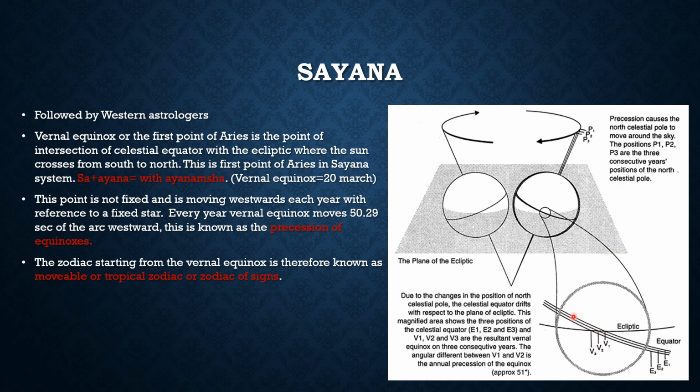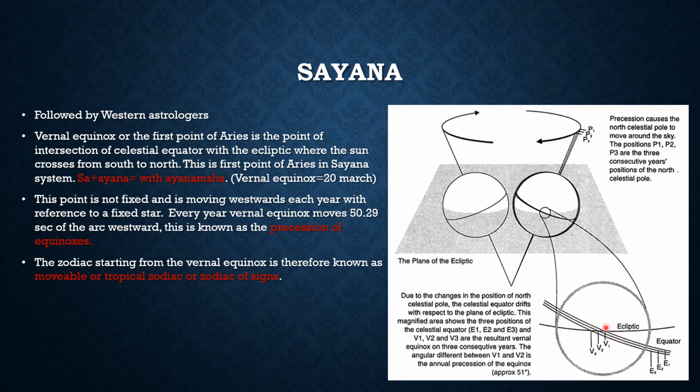So see, this is the ecliptic, and this is the equator. Every time there is a small shift in the vernal equinox, it moves 50.29 seconds westward. Towards here is the east, so here is the west.